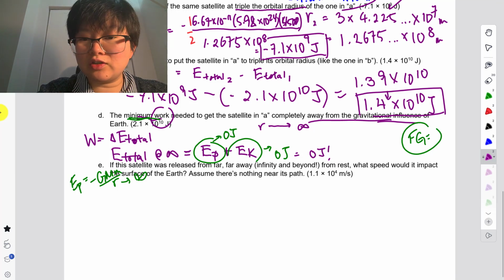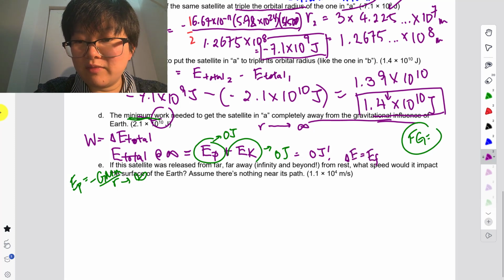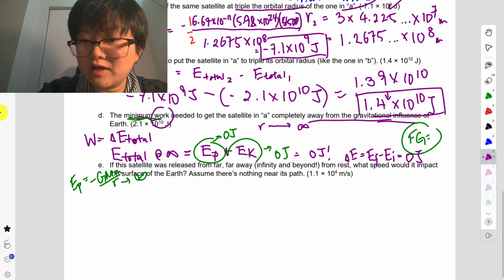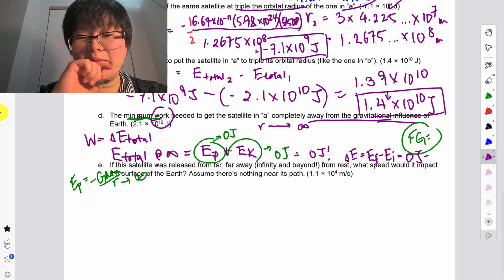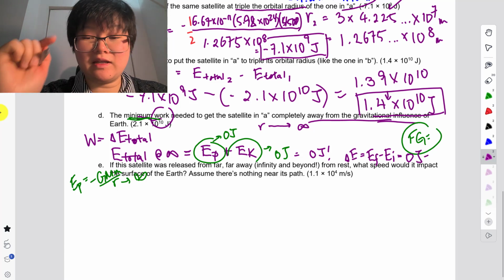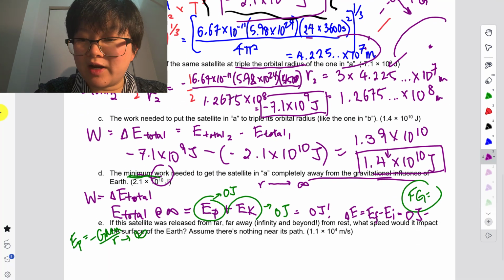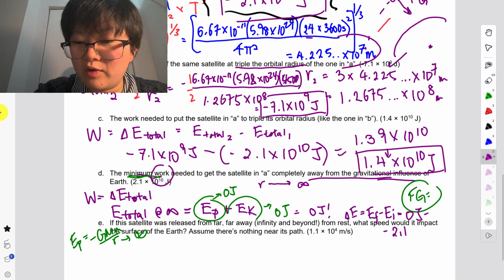So our change in total energy in this case would be your final minus your initial. Our final, which is at infinity, is 0 joules, minus the amount that is in A, which, what was our answer? Negative 2.1 times 10 to the power of 10 joules.